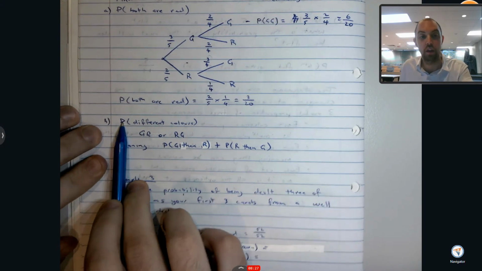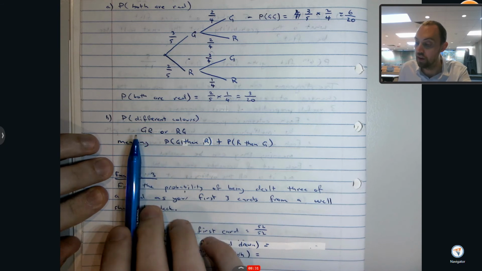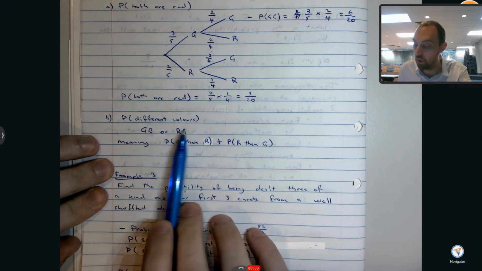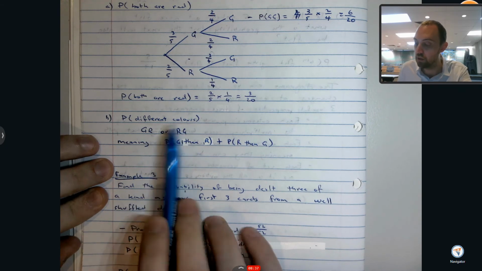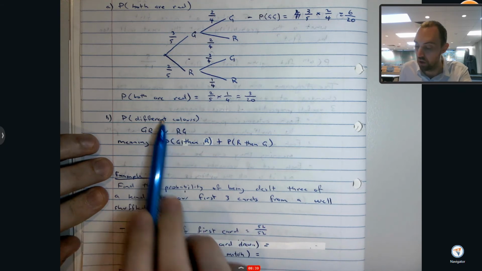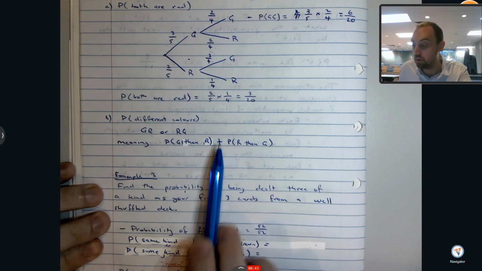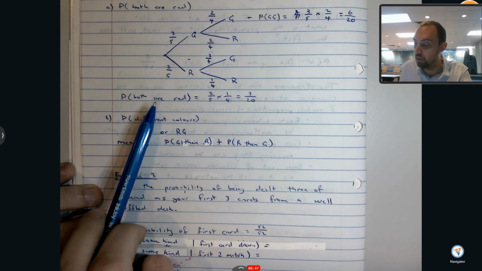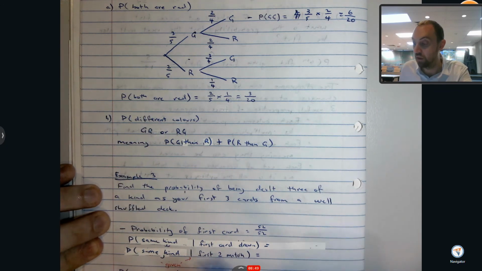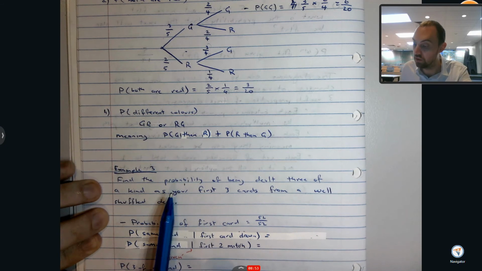With our next example here, probability of different colors, we can have a green-red, or we can have the red and green. Both situations result in different colors, so we're going to need to add them. And we can do this because each branch of our tree diagram happens, they can't happen simultaneously, they're mutually exclusive to one another.